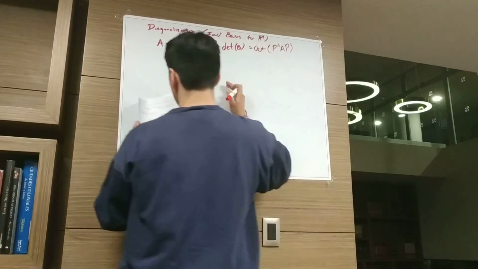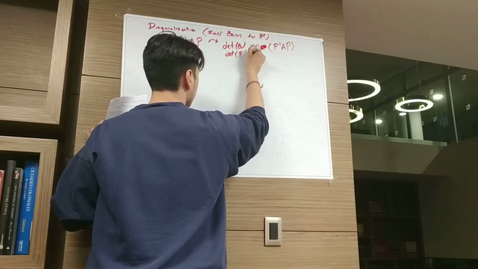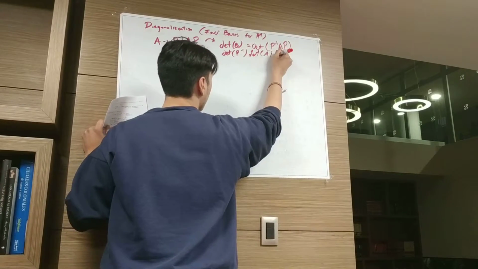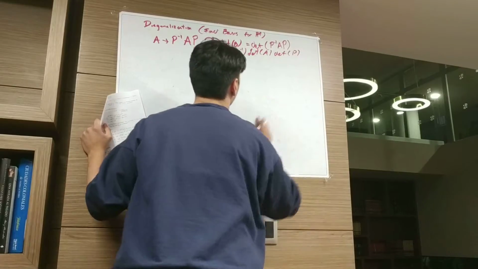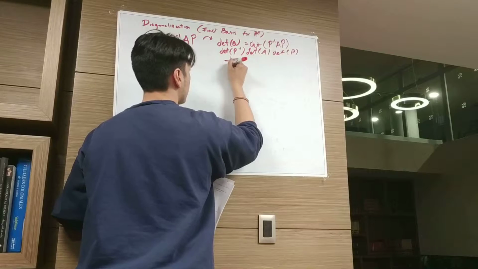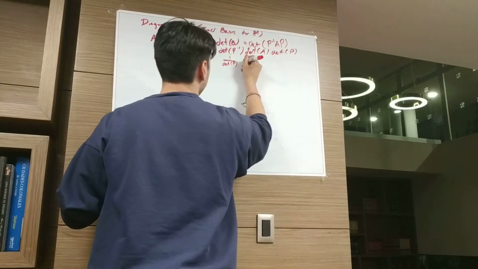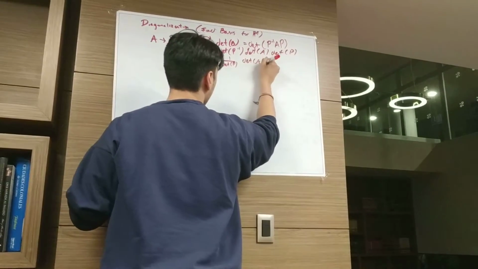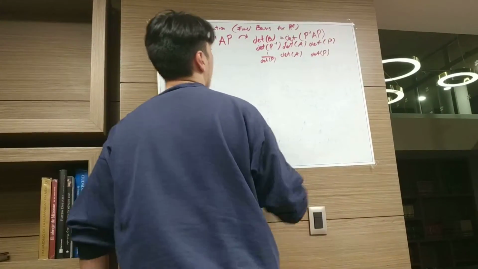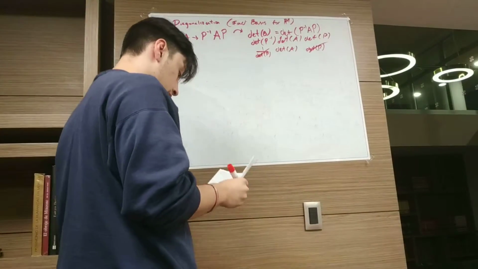And this is also going to be the determinant of P to the minus 1, determinant of A and determinant of P. Okay, and this now can be written as 1 over the determinant of P because of the exponent, the determinant of A and the determinant of P. And if we see this, the determinant of B is going to be the determinant of A.